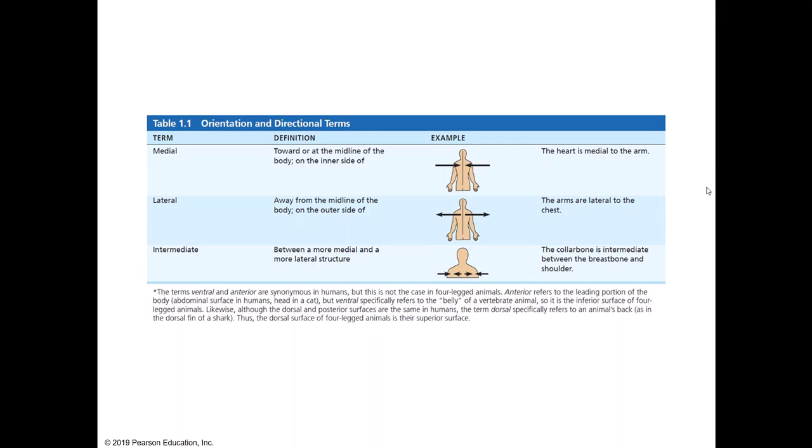So the collarbone is medial to the breastbone. Excuse me, it's medial to the shoulder, but lateral to the breastbone. We could also just say that the collarbone is intermediate to the shoulder and the breastbone. It's essentially just a fancy word for between.